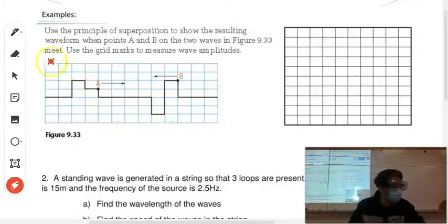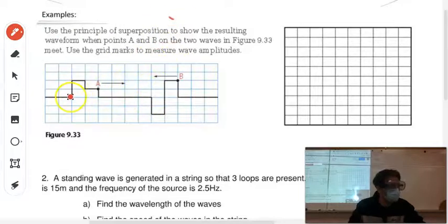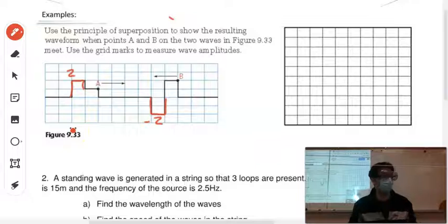Okay, well, let's look at these first two portions then. This one has an amplitude of 2, and when it goes over top of this one, that one you can consider an amplitude of -2. So that is destructive interference, and that is perfect destructive interference.